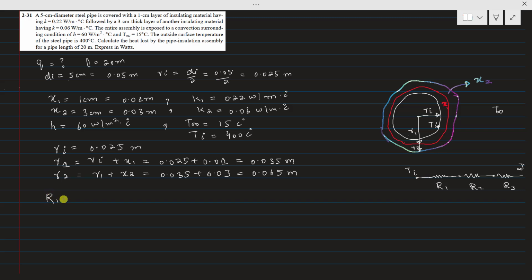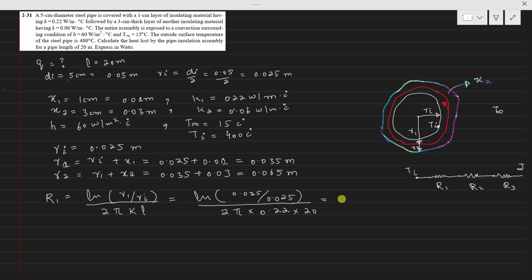Okay, so the R1 value is equal to ln of R1 divided by Ri, divided by 2 pi K L. Ln is the natural log, so R1 is 0.035 divided by Ri, 0.025, divided by 2 pi times the K value of the first insulation, 0.22, multiplied by the length, that is 20.